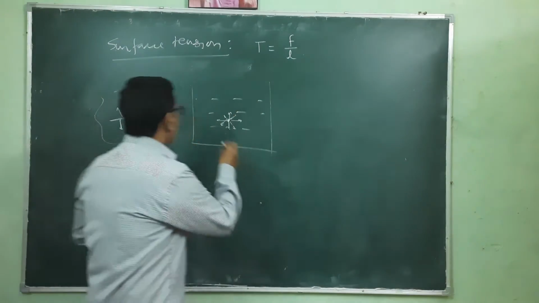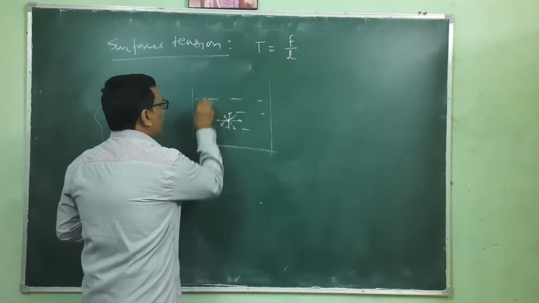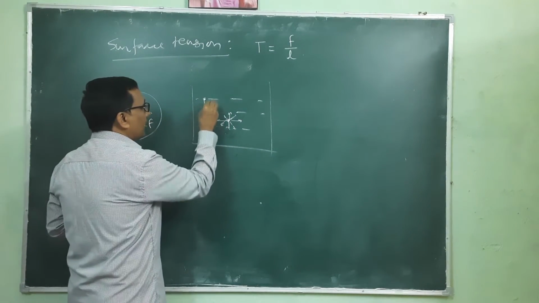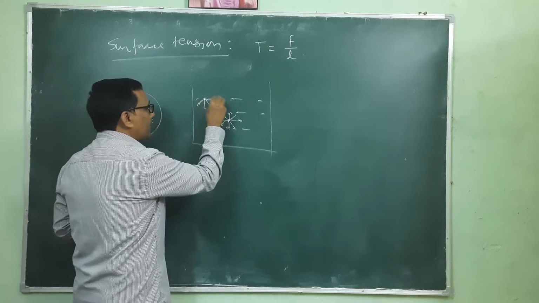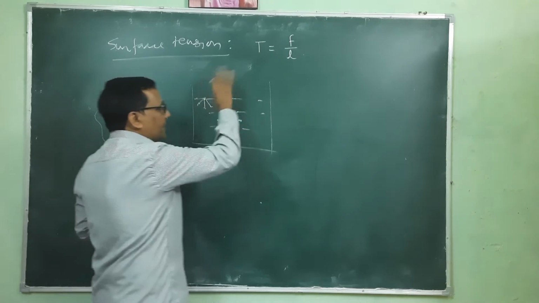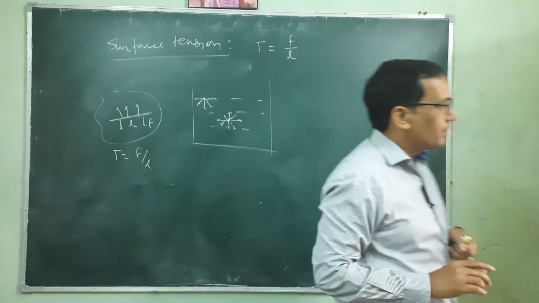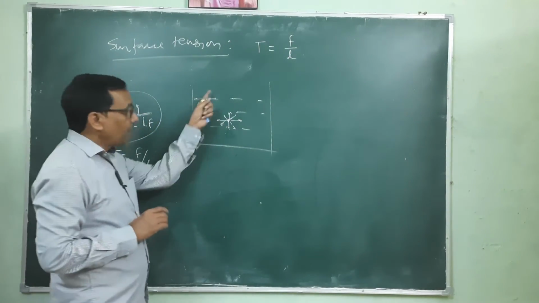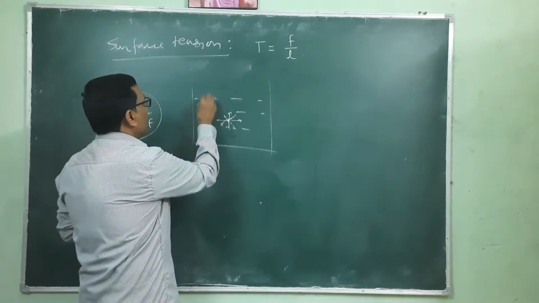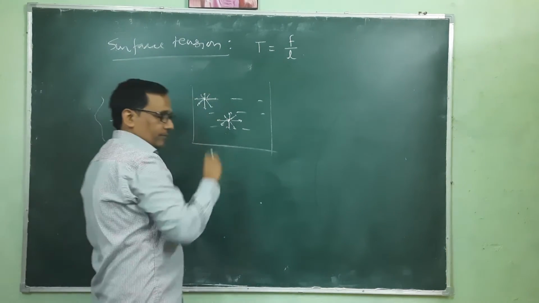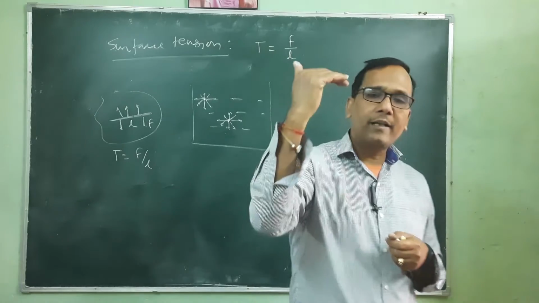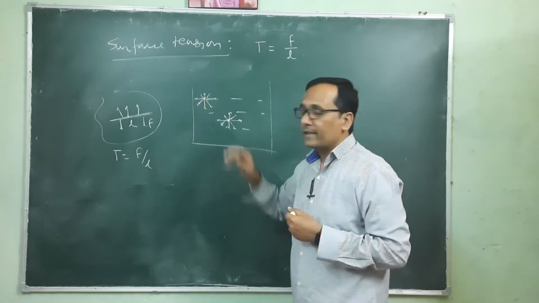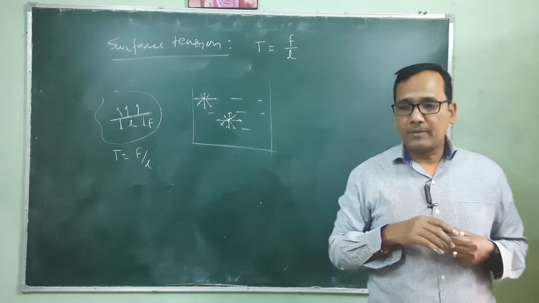But at the surface, if that water molecule or liquid molecule is somewhere here, then the force will be along this direction, and above this surface air molecules are there. The force between that liquid and that air molecule is much less compared to the force between this molecule and the neighboring molecules of that liquid.